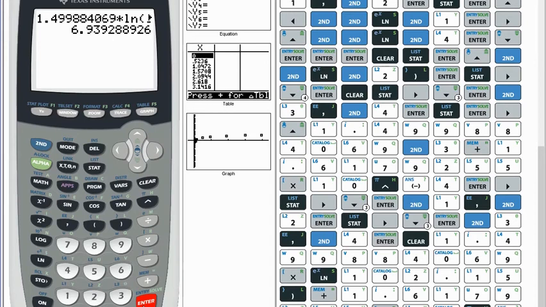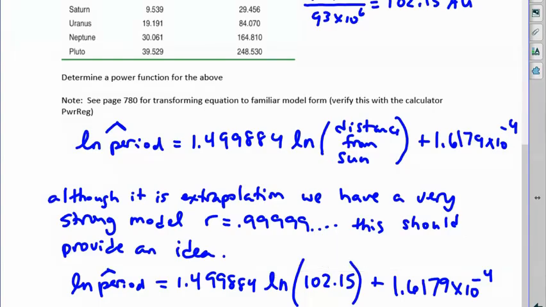But remember, this is the natural log of the period. So to get the actual period, I'd need to take the base of e of both sides of my equation. So e raised to this answer, and it looks like it would take 1,032 Earth years to go around the sun for this new potential planet.